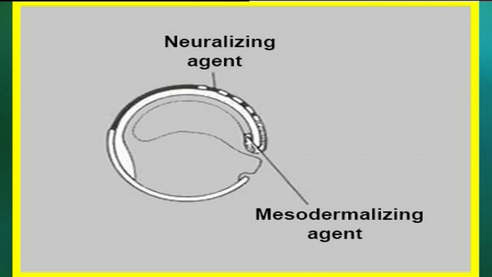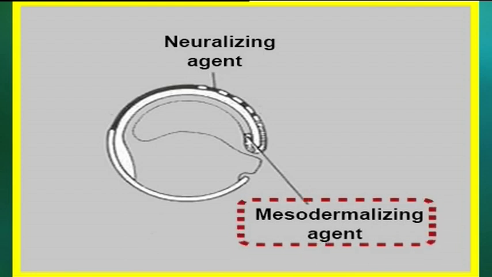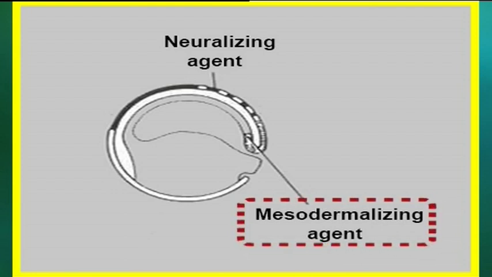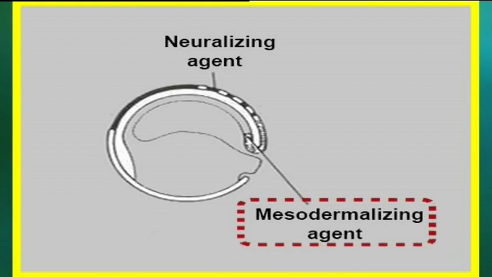Regional specificity of the embryonic axis arises from the interaction between two gradients. Neuralizing principle has its highest concentration in the dorsal side of the embryo and diminishes laterally, while the mesodermalizing principle is present as an anterior-posterior gradient with its peak in the posterior region.